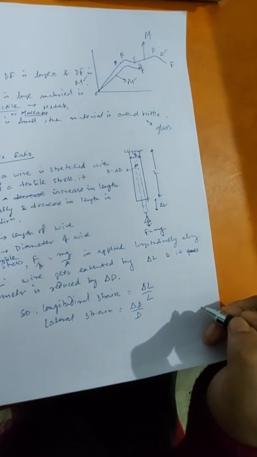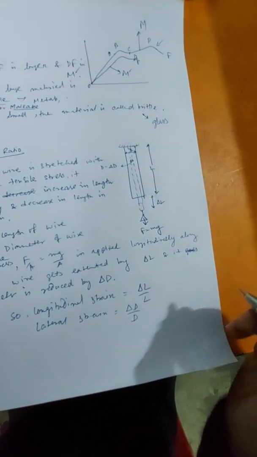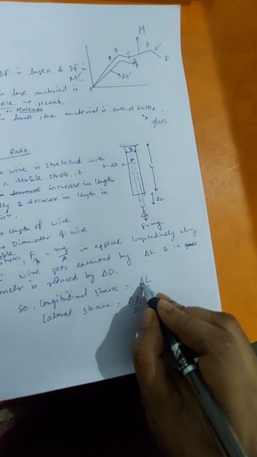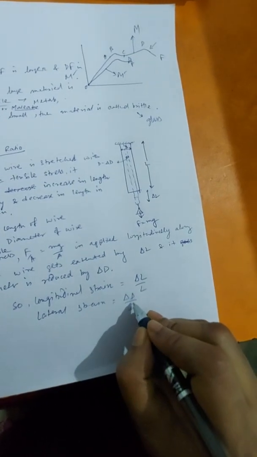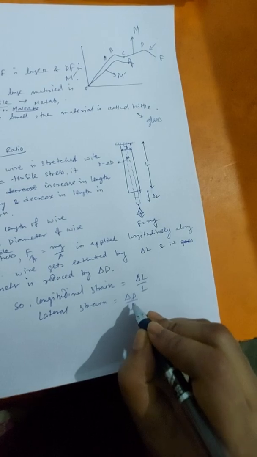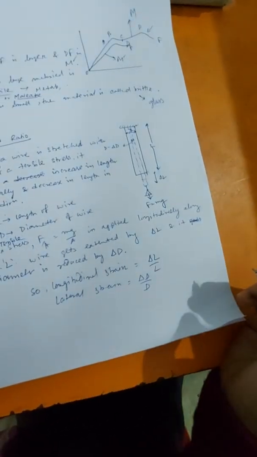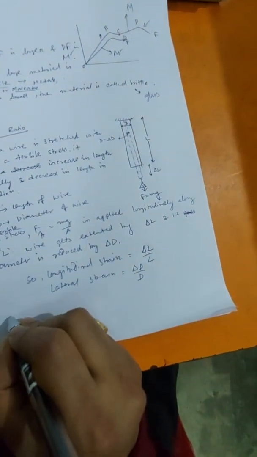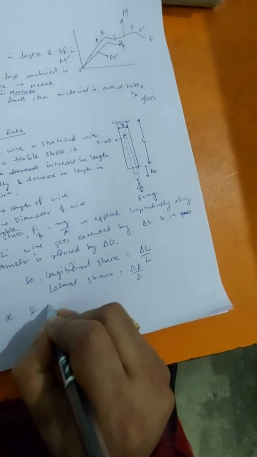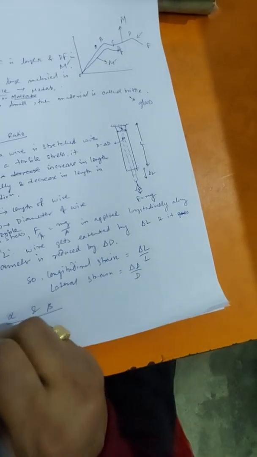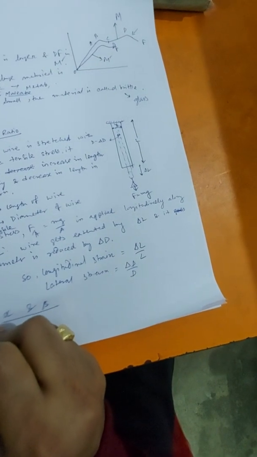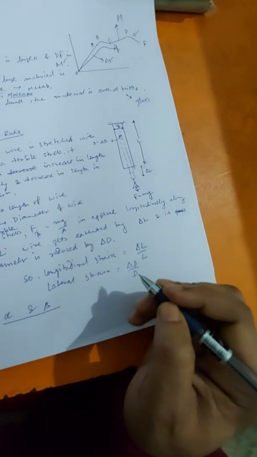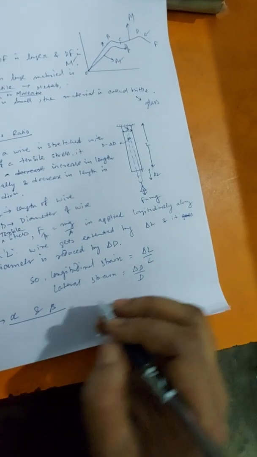Now as you can see, here it is an increase in length, but here it is a decrease of the diameter. So let us define two parameters, alpha and beta. What is alpha?